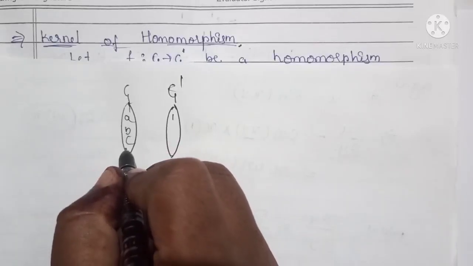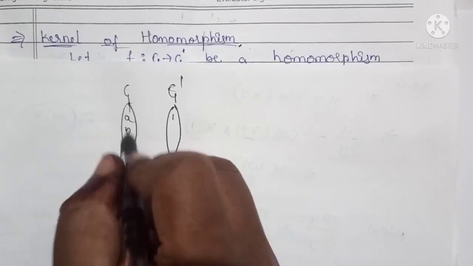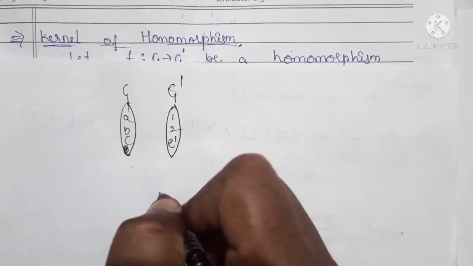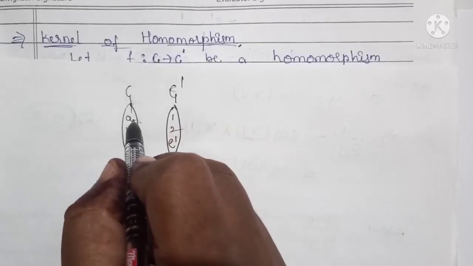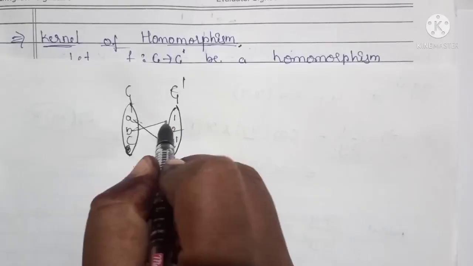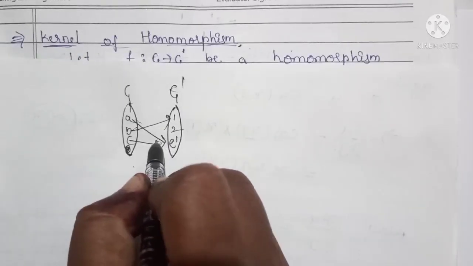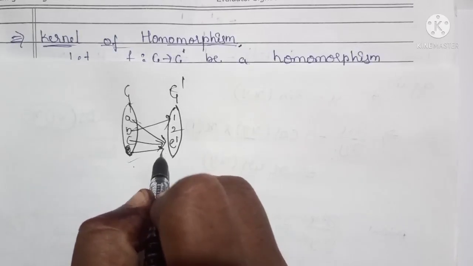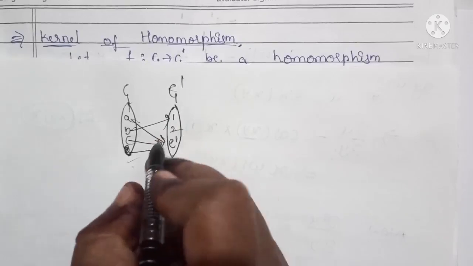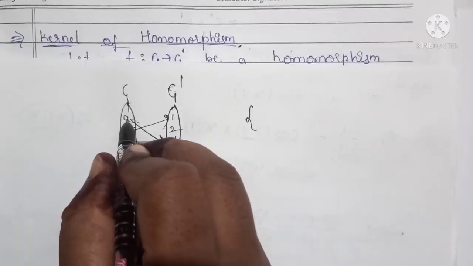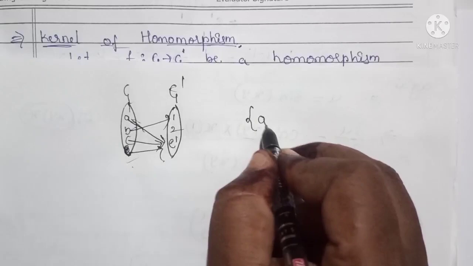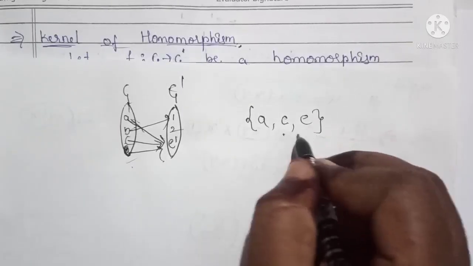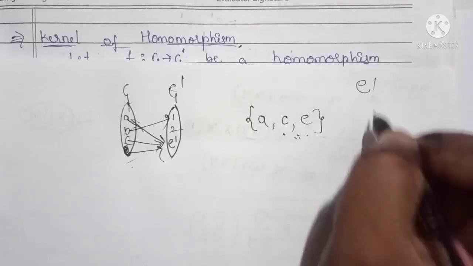Here a, b, c and e is the identity element of G, and 1, 2 and so on, e dash. If a maps to e dash, b maps to 1 and c maps to e dash, and of course e always maps to e dash, then the collection of the elements a, c and e maps to e dash.